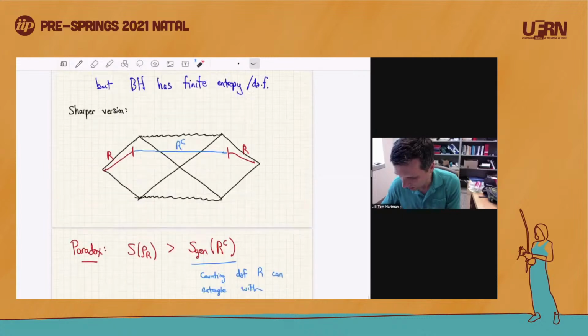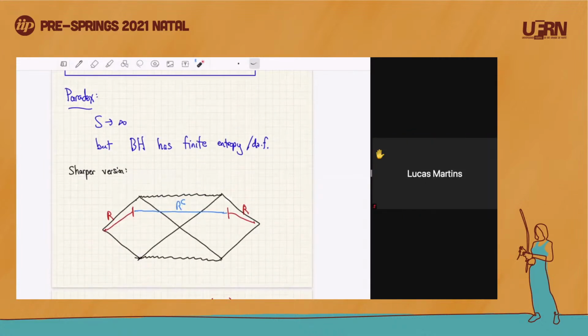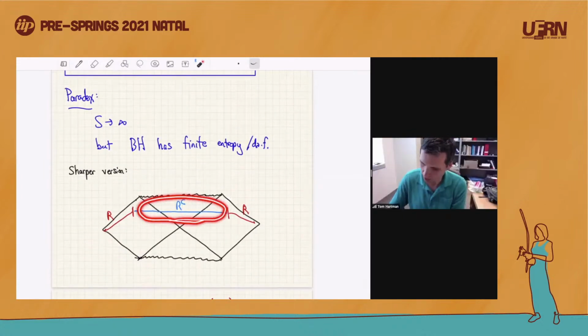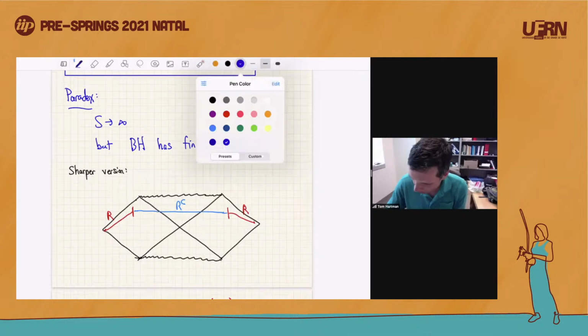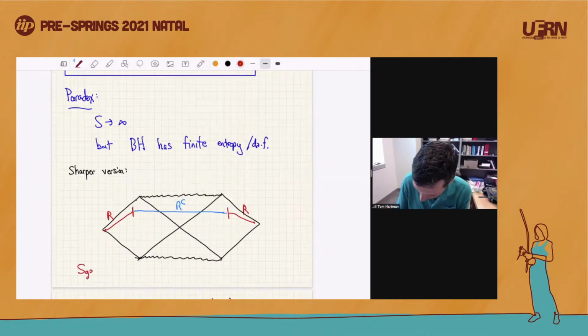Let me explain that. So when we calculate the generalized entropy of this region, it has two contributions. It has a contribution from the area of the horizon at these two points. That has a 1 over G Newton. So let me write a formula. So S gen of our complement is the sum of a quarter the area of the horizons in our complement.